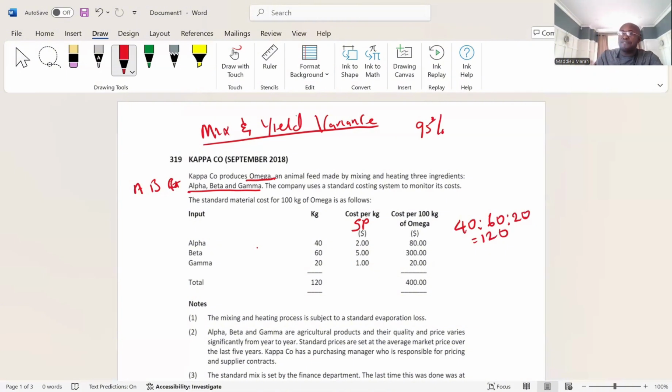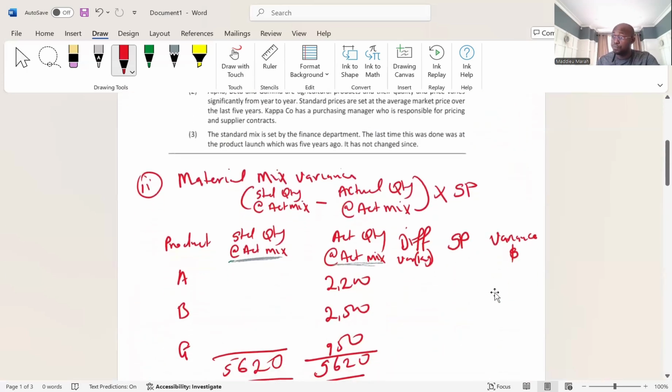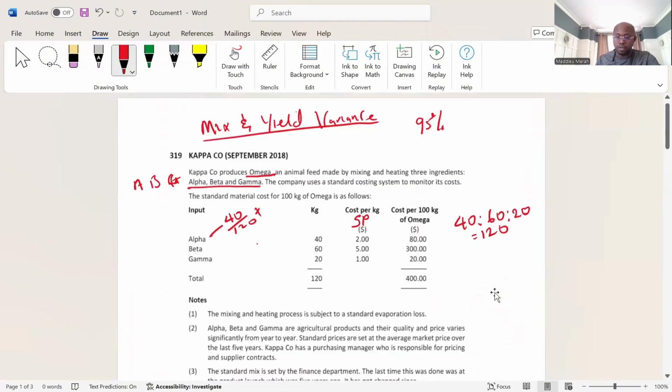So how much alpha do I need as my standard quantity at actual mix? My standard quantity for alpha is going to be 40 upon 120, the ratio, multiplied by the total I already have, which is 5,620.